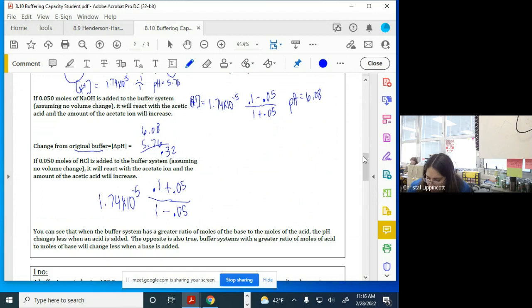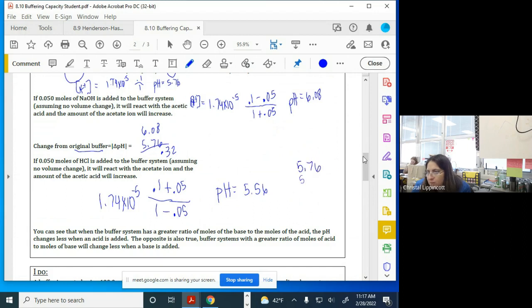If I take the negative log after I add, subtract, divide, multiply, I'm going to end up with a pH that's equal to 5.56. So again, if we look at how much our pH has changed here, it was 5.76.